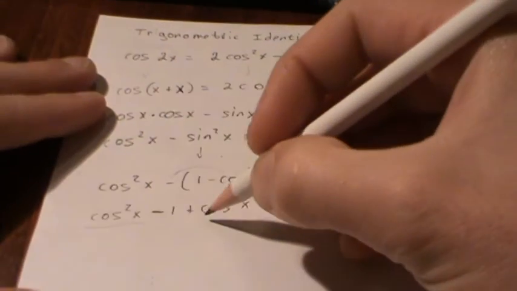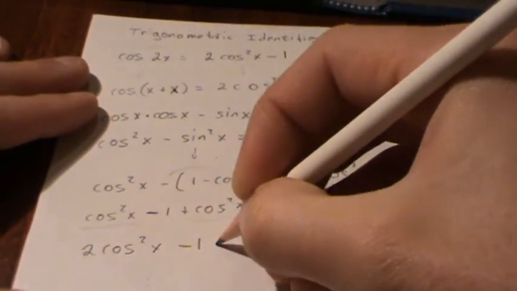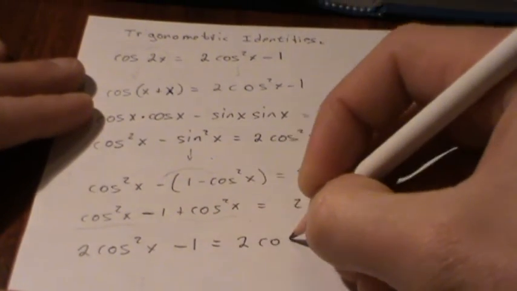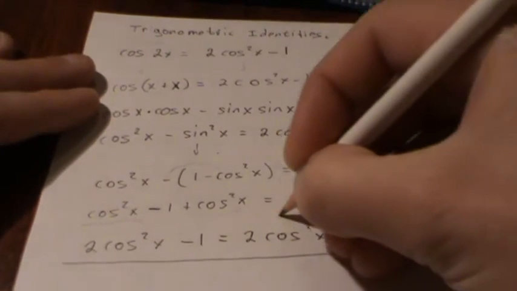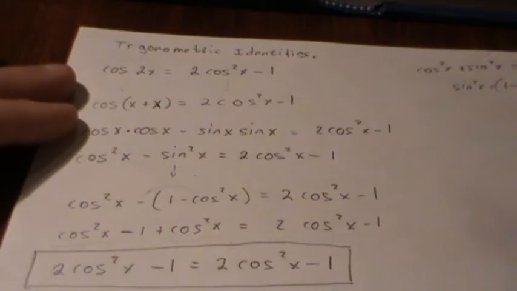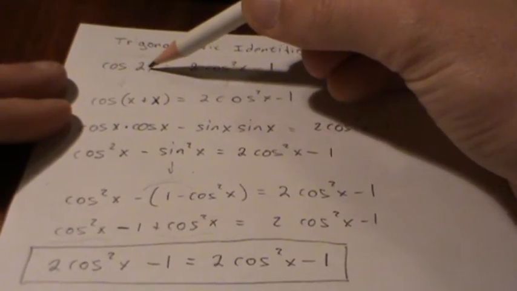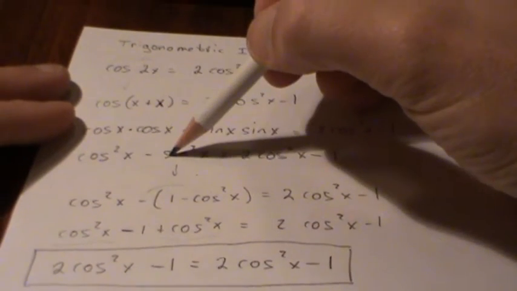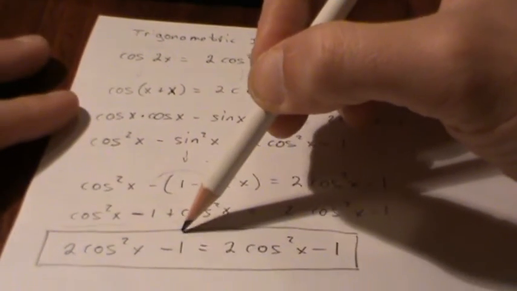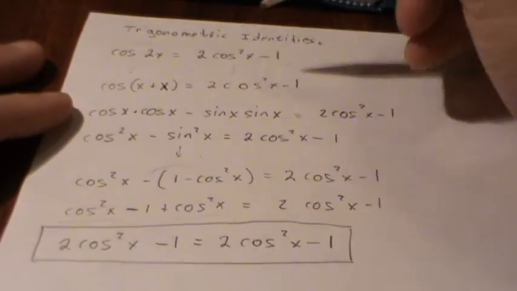And now cosine squared x plus cosine squared x is 2 cosine squared x, minus 1, is equal to 2 cosine squared x minus 1. And so basically what we've done is we've shown that cosine 2x is actually equal to this by changing cosine 2x with legitimate legal algebra and formulas that are in existence, and shown that this is equal to that.